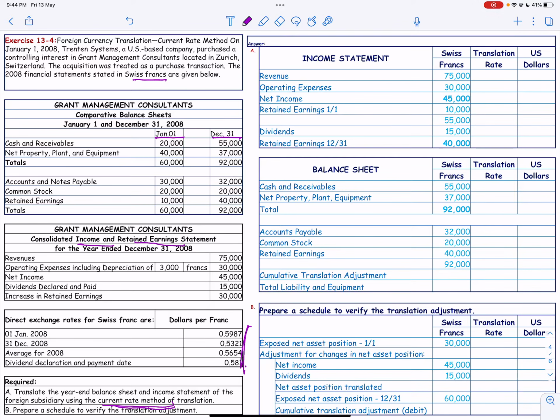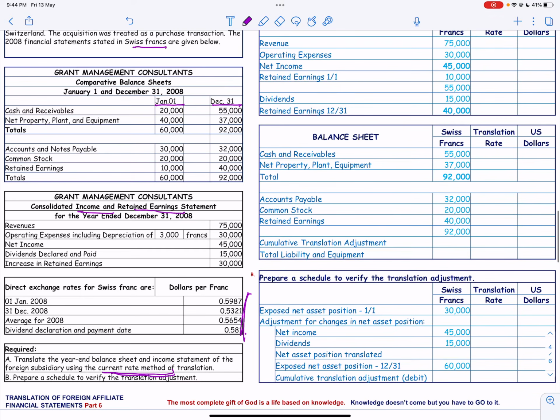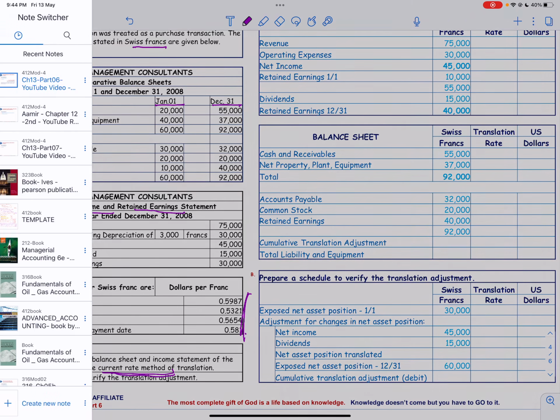Translate the year-end balance sheet and income statement of the foreign subsidiary. Using the current rate method of translation, prepare a schedule to verify the translation adjustment. Let us pull the information and translate the income statement and the balance sheet from Swiss francs to US dollars.